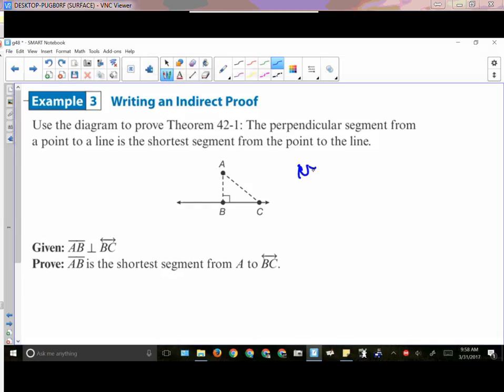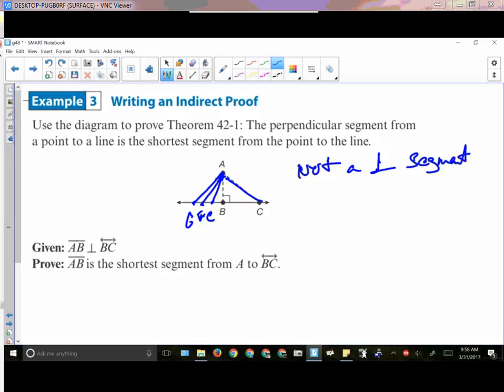So if I think of not a perpendicular segment, that means I could have a point sitting over here, correct? Over here or over here at C or whatever it is. I could call that E, I could call that F, I could call that G.